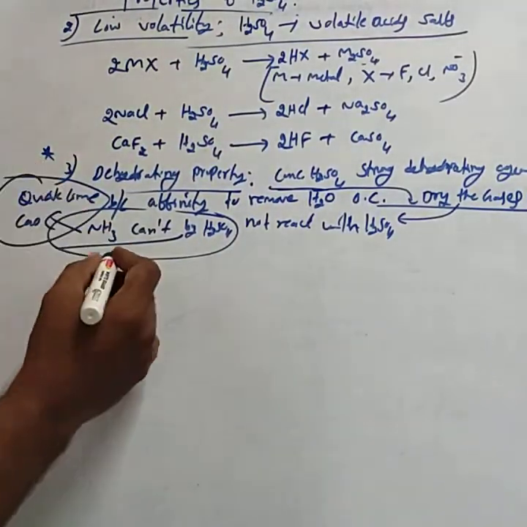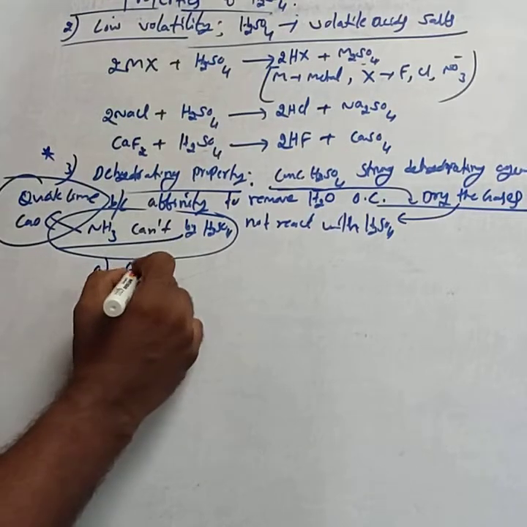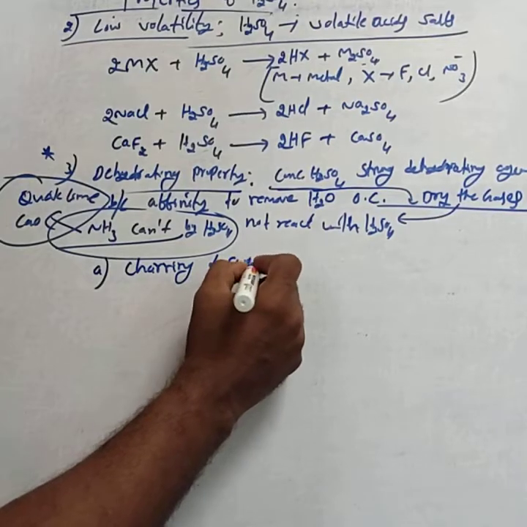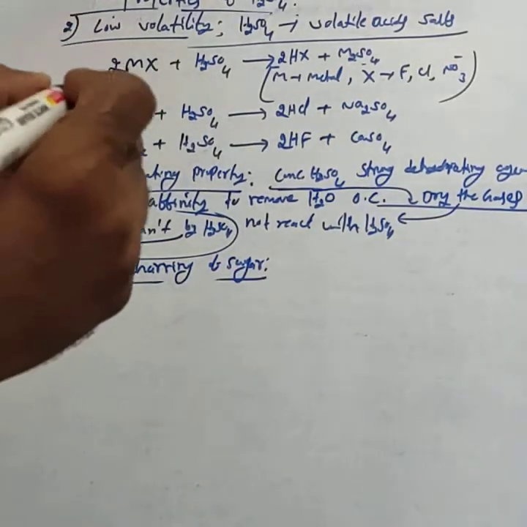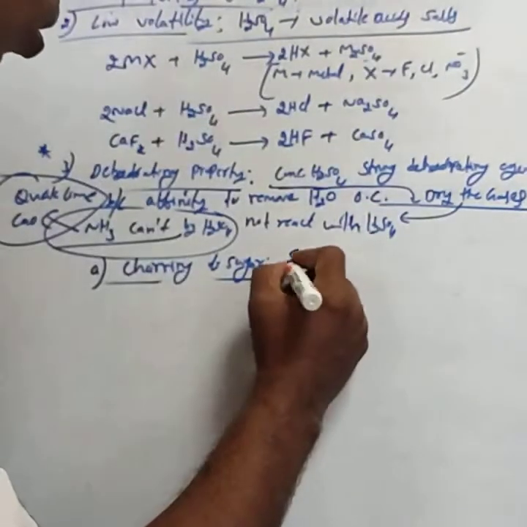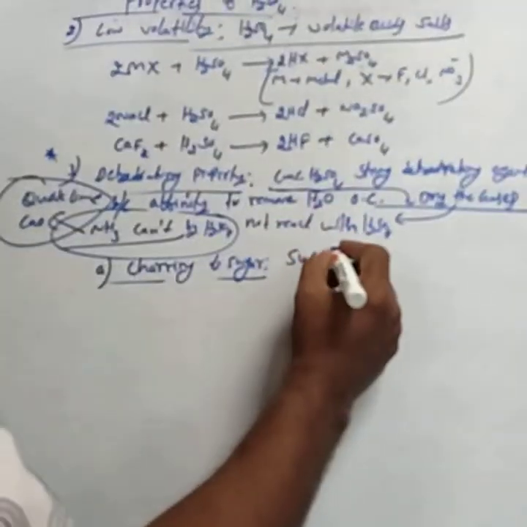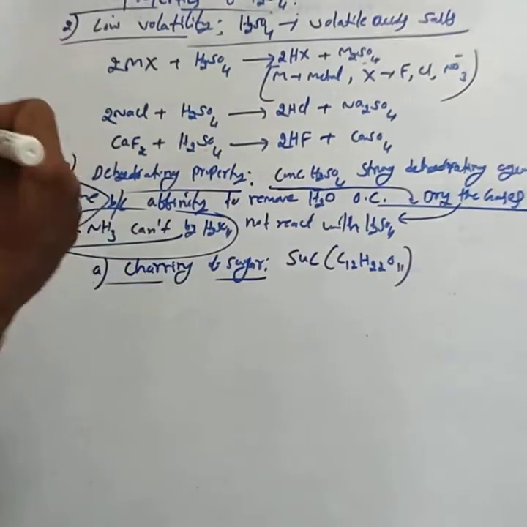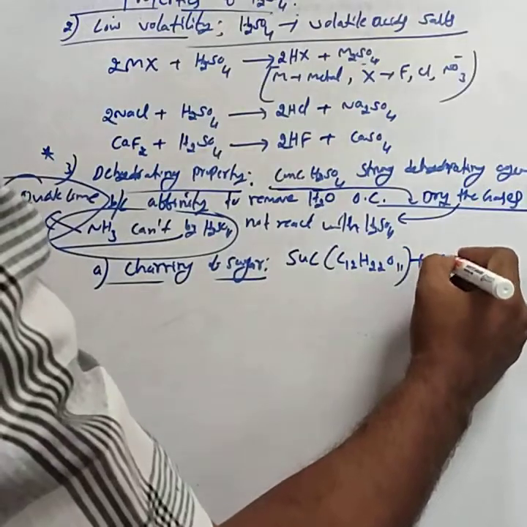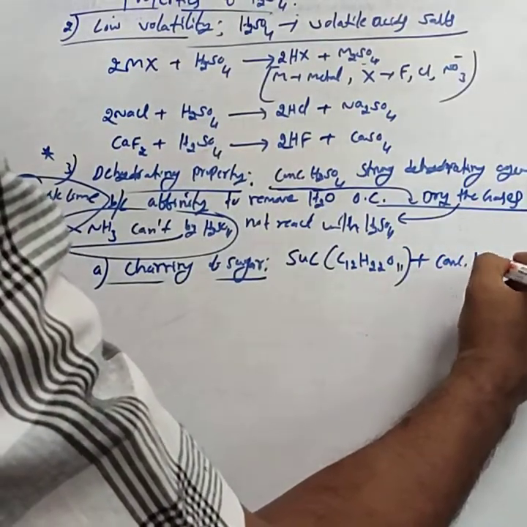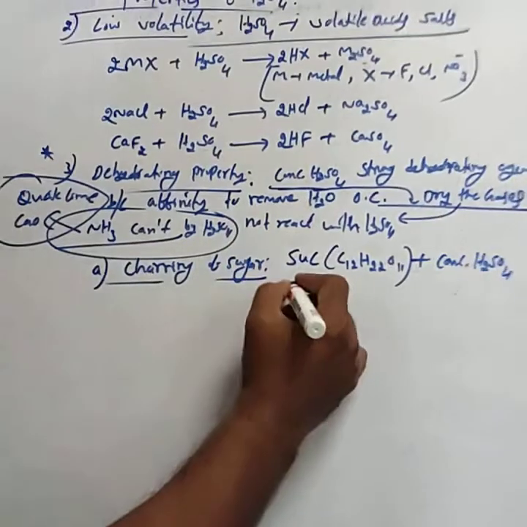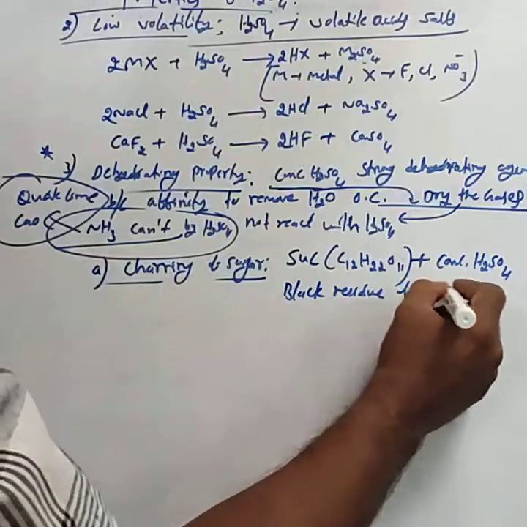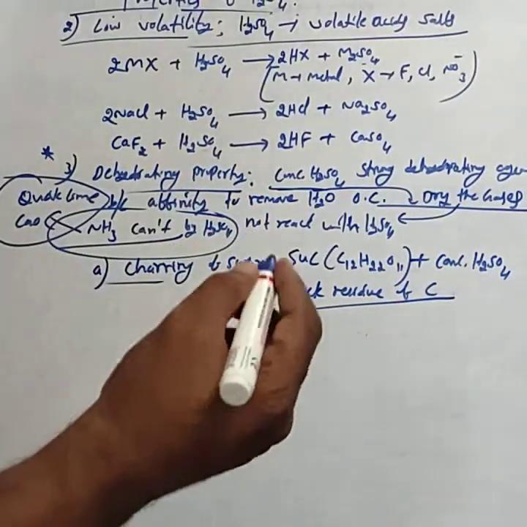An example of the dehydrating property is, first, charring of sugar. When sucrose, whose formula is C12H22O11, is treated with concentrated H2SO4, a black residue of carbon, a black precipitate of carbon, is formed.